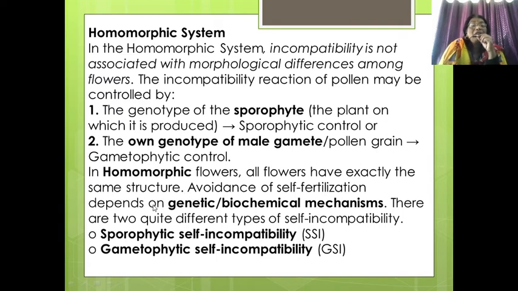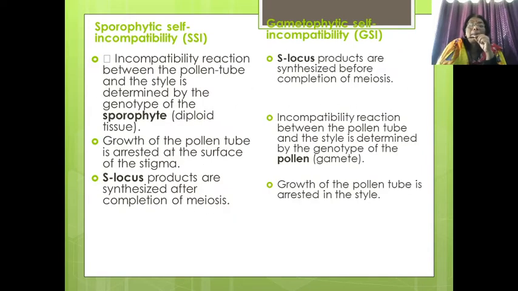Avoidance of self-fertilization depends on the genetic or biochemical mechanism, and on that basis there are these two types of systems: sporophytic self-incompatibility, and the second one is gametophytic self-incompatibility.